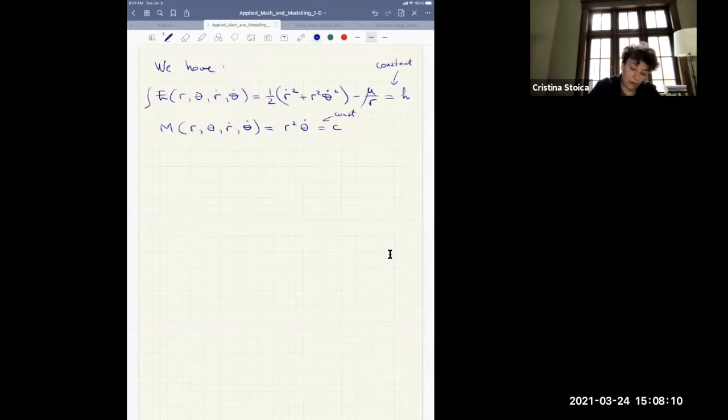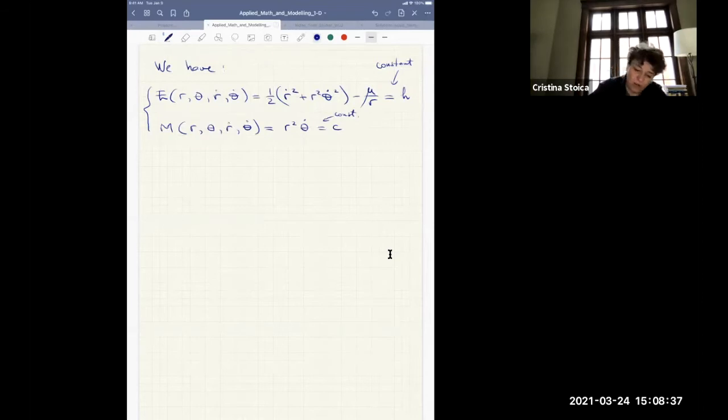So we have two constants along a trajectory. Along a trajectory r of t, theta of t, r dot of t, theta dot of t, we have these two constants. Wherever it moves, these quantities will be the same as they are at time zero. Now we start to do little things.